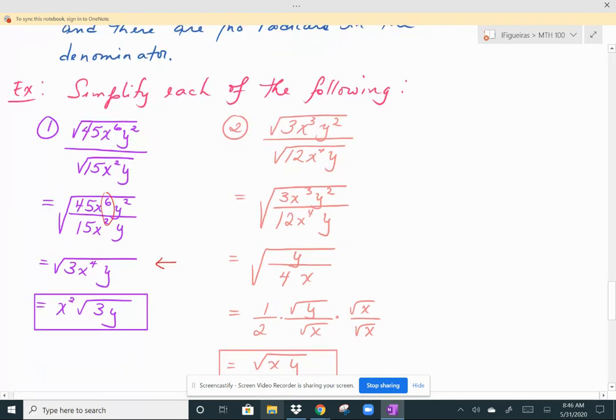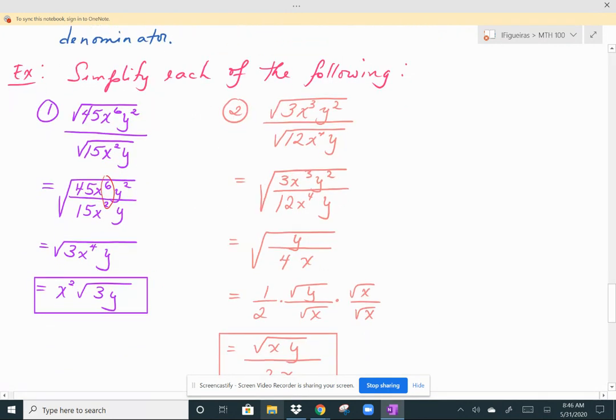The square root of x to the 4th is x squared. That comes out of the radical, and the 3y stays in the radical. You can't simplify that any further, and I no longer have a radical in the denominator, so you're done.